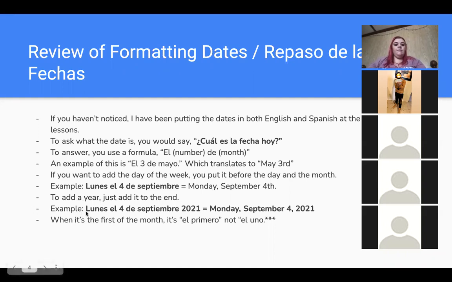So an example of that is lunes el 4 de septiembre, and then you just add the year, so 2021. So that would translate to Monday, September 4th, 2021. And just a note here, when it's the first of the month, you say el primero de the month and not el uno de the month. So that's just a little reminder there.